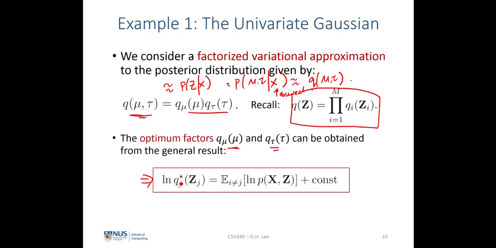This is the q star that maximizes the lower bound and minimizes the KL divergence, which means that this is the best approximation of our posterior distribution that we wish to infer. So starting from here, we will be able to directly get the result.